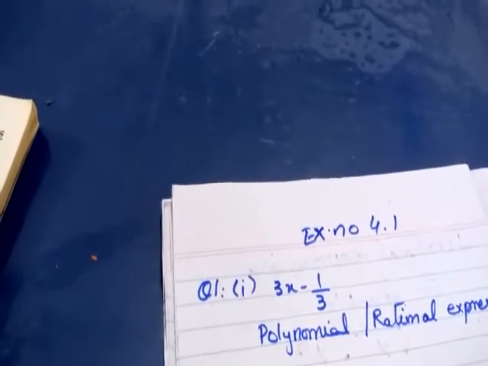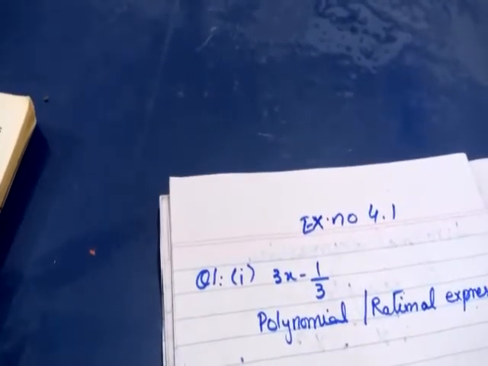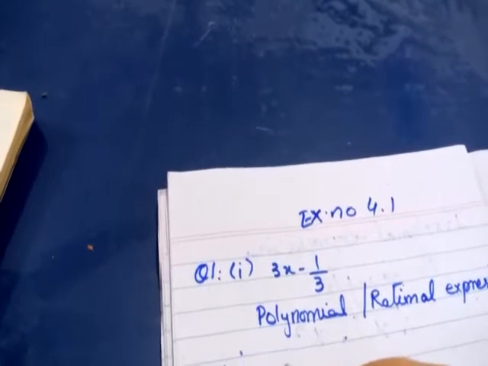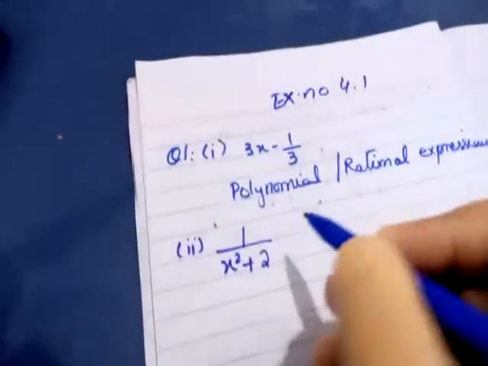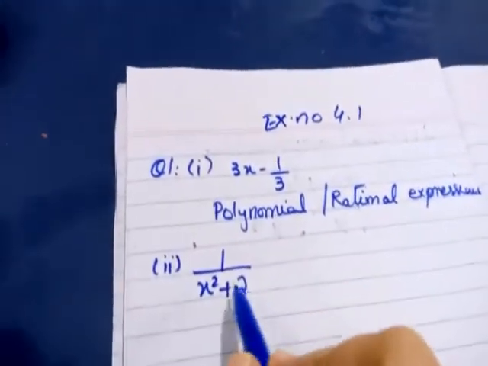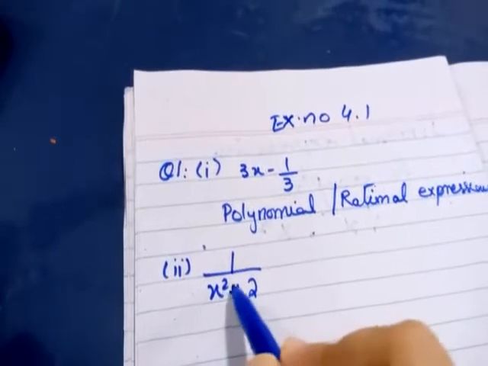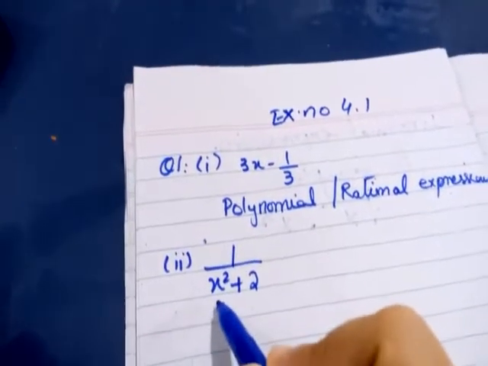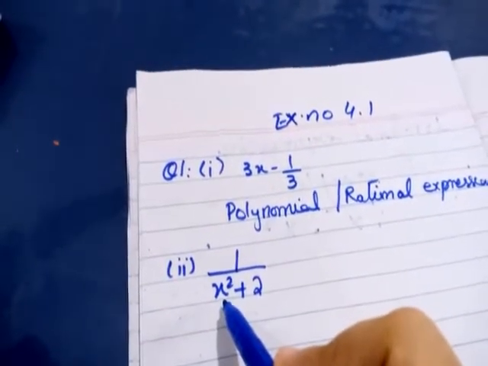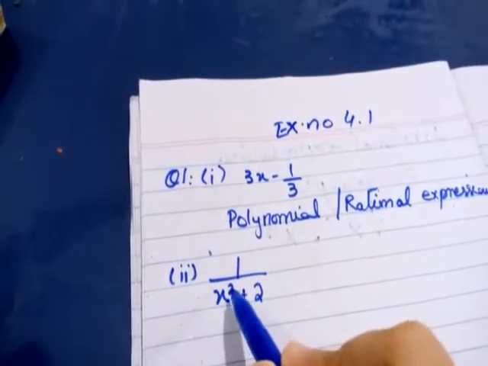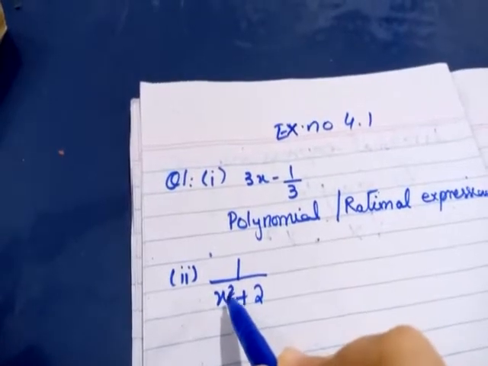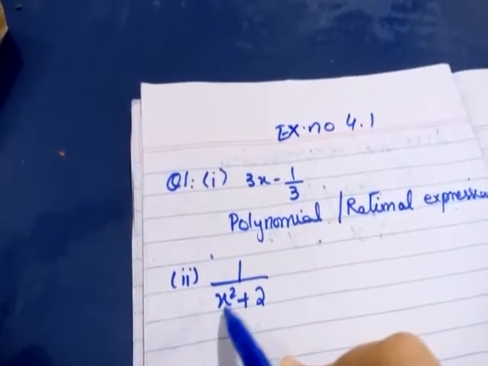And now the second part we are discussing, that is 1 upon x square plus 2. In this part you see that x square is used in the denominator, and as I explained earlier, the power is negative whenever it comes with the variable in the denominator.